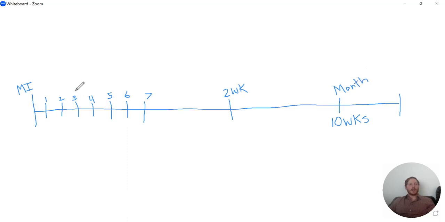So do you guys know which post-MI syndrome happens between 0 and 1 day? Yeah.